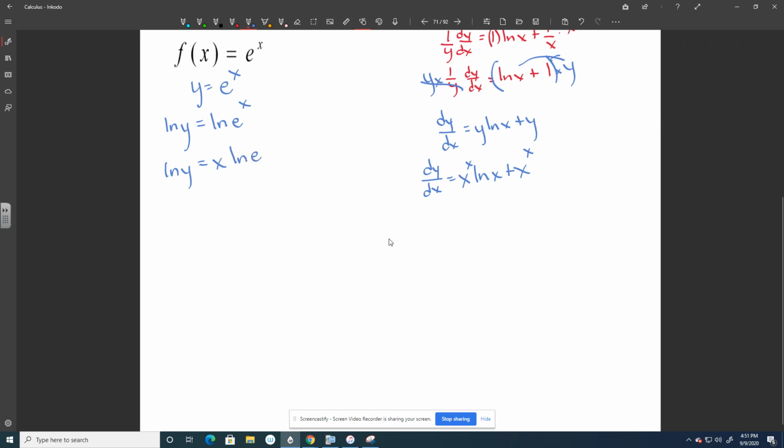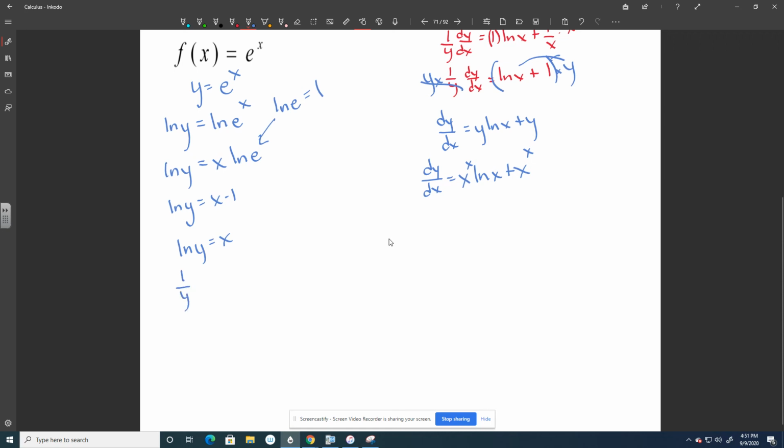Now, if you remember much about logarithm properties, the natural log of e is equal to 1. So this just becomes the natural log of y equals x times 1, which just means the natural log of y equals x.